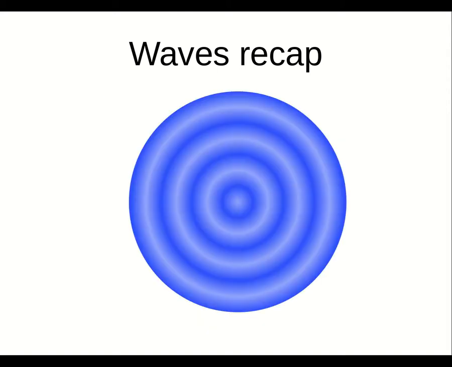If we look at waves from the top down, these might be ripples in water, then they spread out in these directions like so. So when we draw the direction of waves, what we're actually doing is drawing a line at 90 degrees to the wave fronts, and the wave fronts are the peaks or the troughs of the wave.